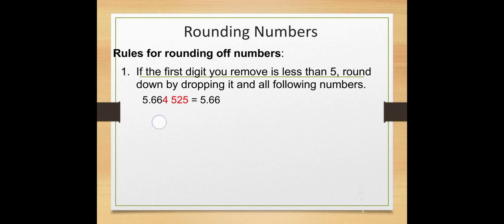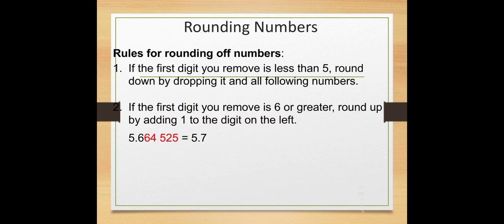For example, in this case the first digit that we are removing is 4. And 4 is less than 5, so simply we drop it and write 5.66.